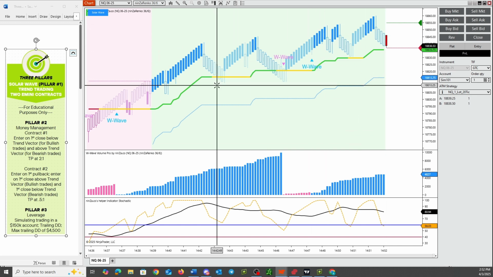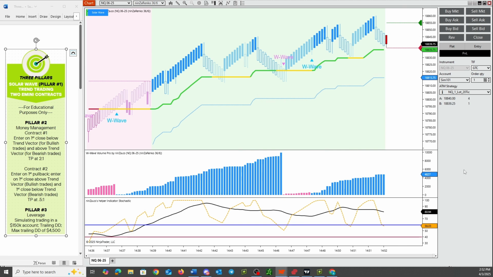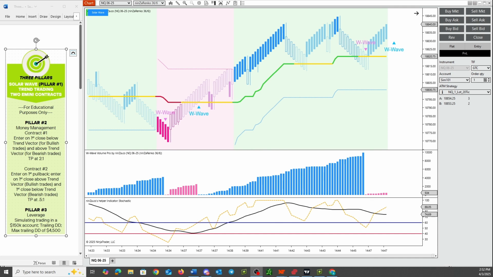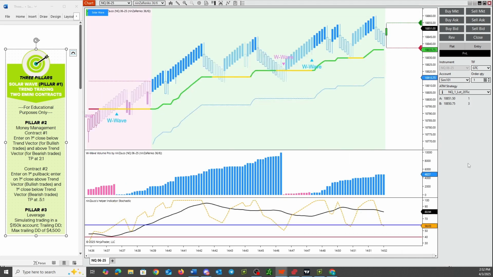Now we've gone to the well twice here in this trend. I don't want to go a third time. I think you have the drift of what we're looking for. 3 consecutive trades, $300.